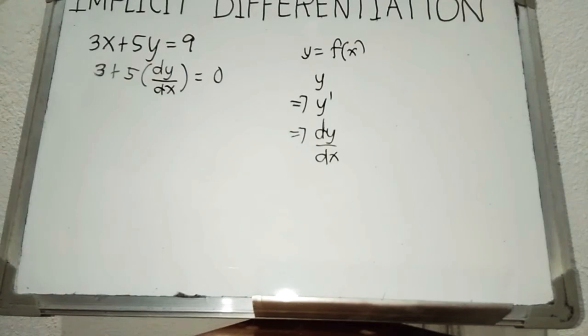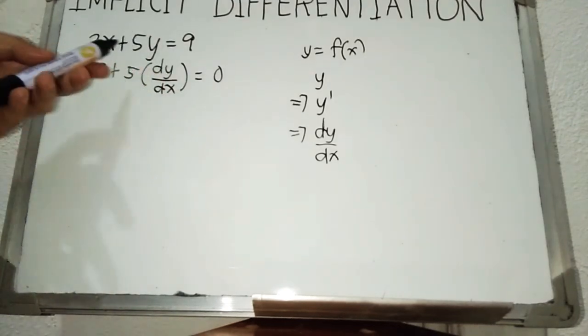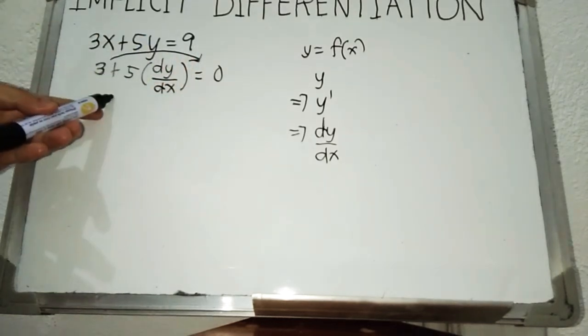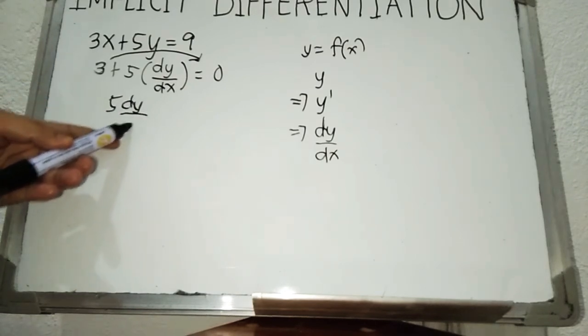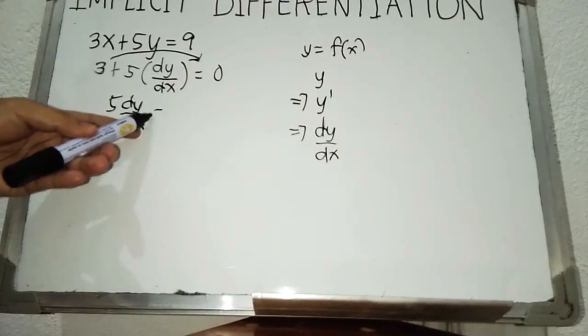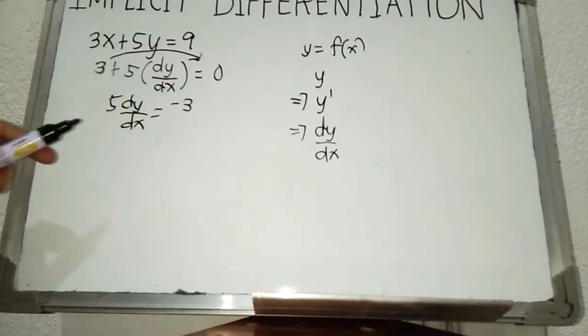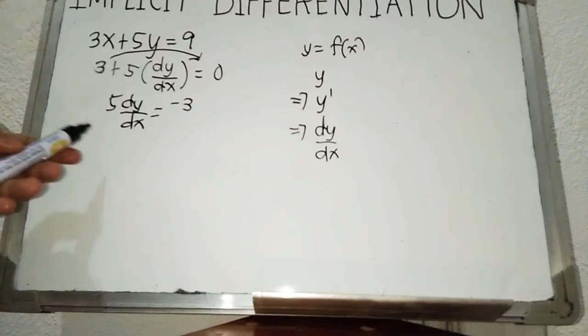Now our goal is to solve for dy over dx, or for the derivative. So all we have to do is to transpose 3 to the right. So this will become 5 dy over dx is now equal to negative 3. Now we are going to divide both sides by 5 in order to solve for dy over dx.